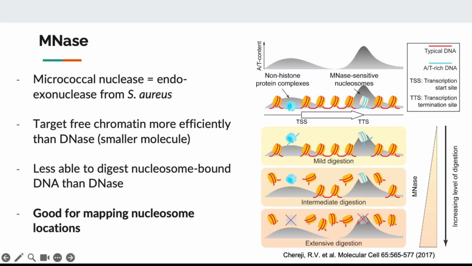This enzyme is smaller, so it can cut individual nucleosomes into pieces. If you use a high concentration of this enzyme, you can cut every open DNA, and everything that survives will be DNA that is bound to the nucleosome. So you can study nucleosome-bound DNA using this enzyme specifically.